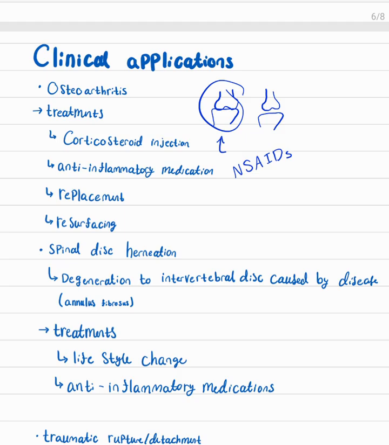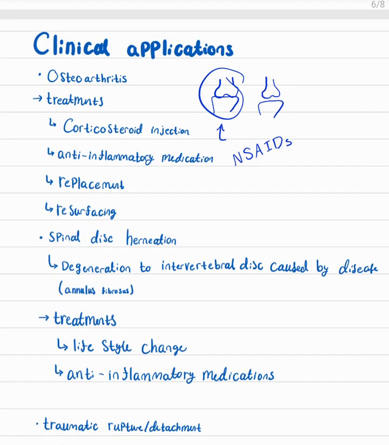Depending on the joint, some of these treatments could be better or worse, but these are for big joints. Then we can also have spinal disc herniation, which is a degeneration of the intervertebral discs caused by a disease. Annulus fibrosus is involved, or I believe that's what this degeneration is called.